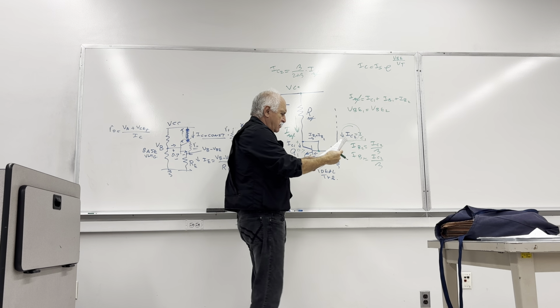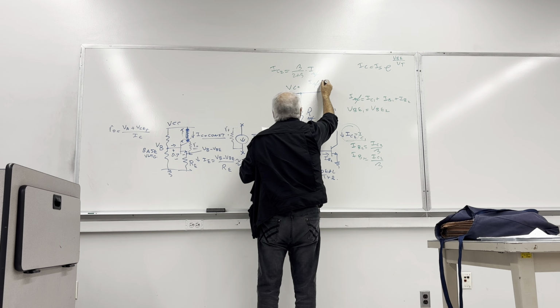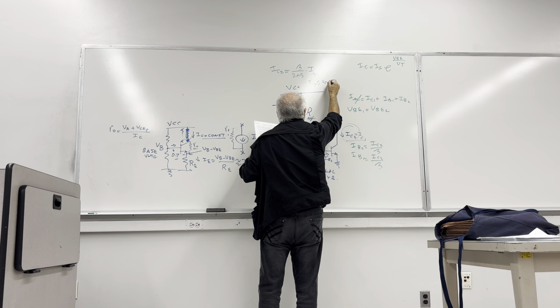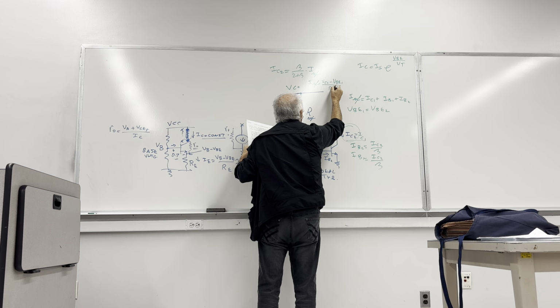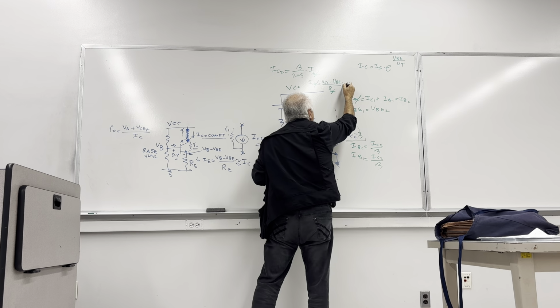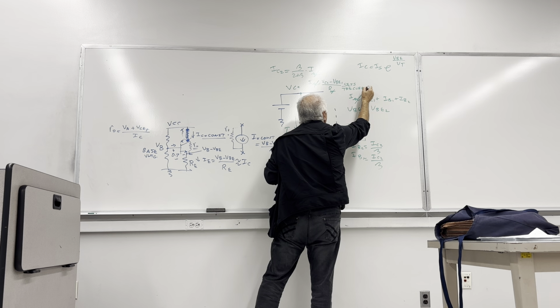So you establish a calculated current for the Iref. There it is. Iref is equal to VCC minus VBE1, divided by R, or RF. So this sets the current.